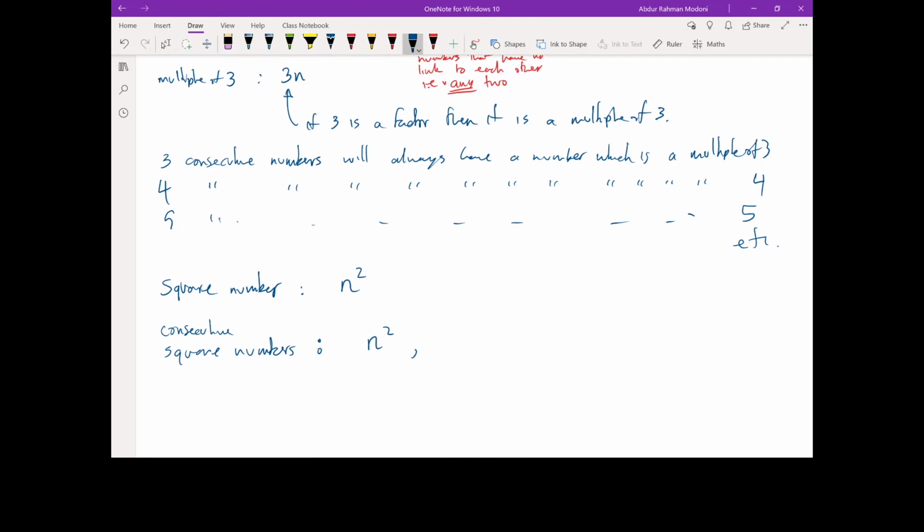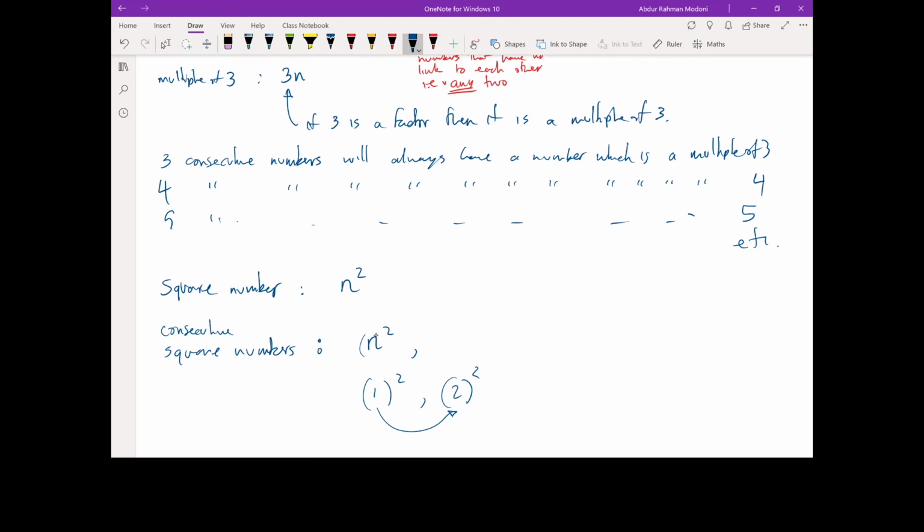Okay, I'll give you a little hint. If something has a square on it, let's think about if n was 1, then that would be 1 squared, right? What would be the next square number? How do I go from 1 to 2? Plus 1, right? How do I go from n to the next consecutive?